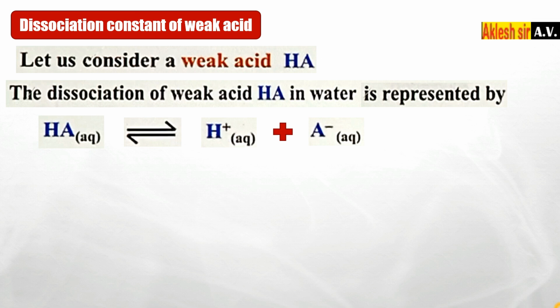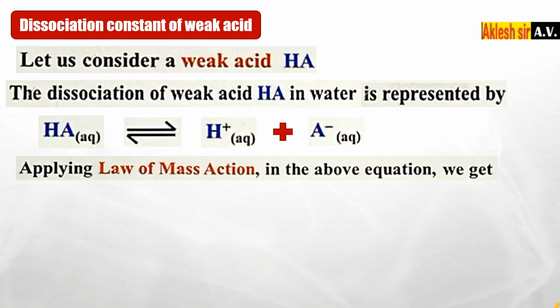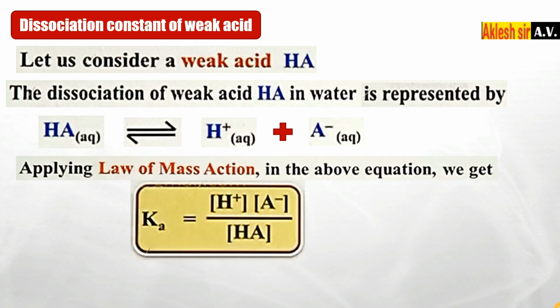Since it is not completely dissociated, how much it has dissociated is represented by the letter Ka. Applying the law of mass action to the above reaction, Ka is known as the dissociation constant of the weak acid.